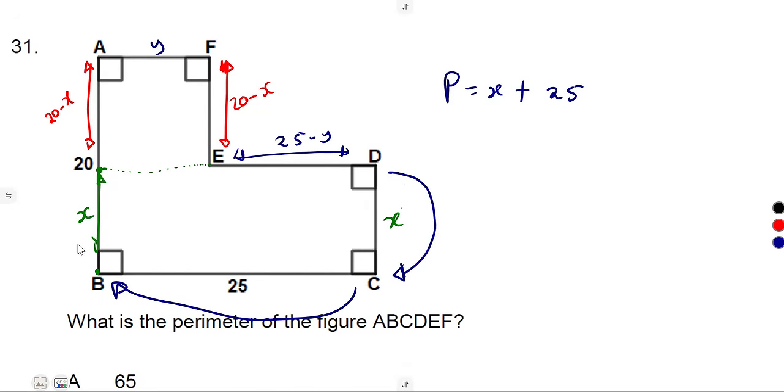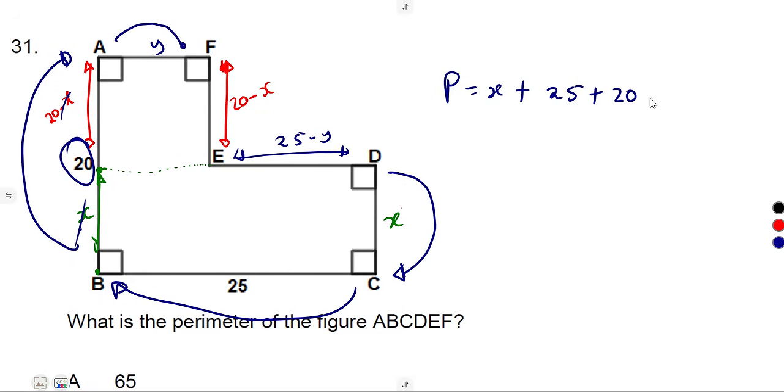Then from B to A, it is 20 minus X, so the plus X and minus X cancel. So it's 20. The whole of that line is 20. From A to F is Y. Then from F to E is 20 minus X.